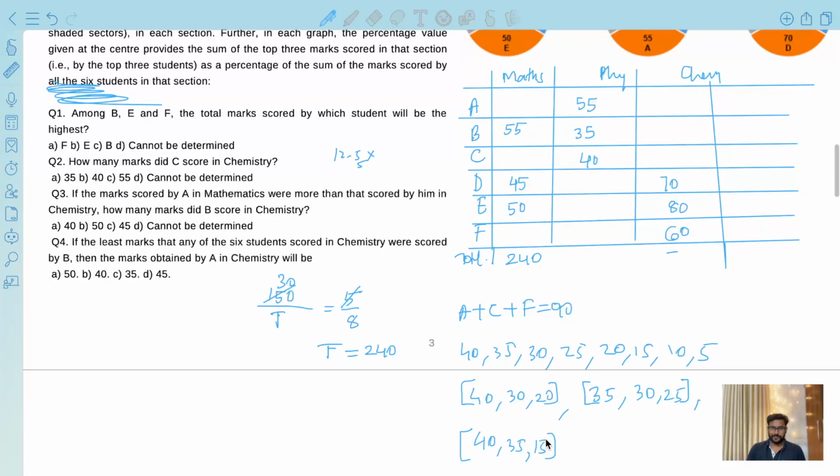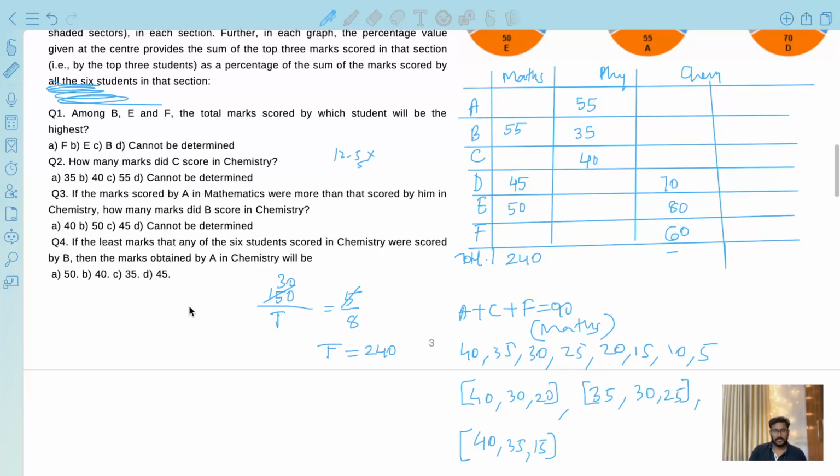Okay. 35 and 30, 65, 70, 80 and 90. 55, 75. Okay, 3 possibilities also for this paper. It's maths.